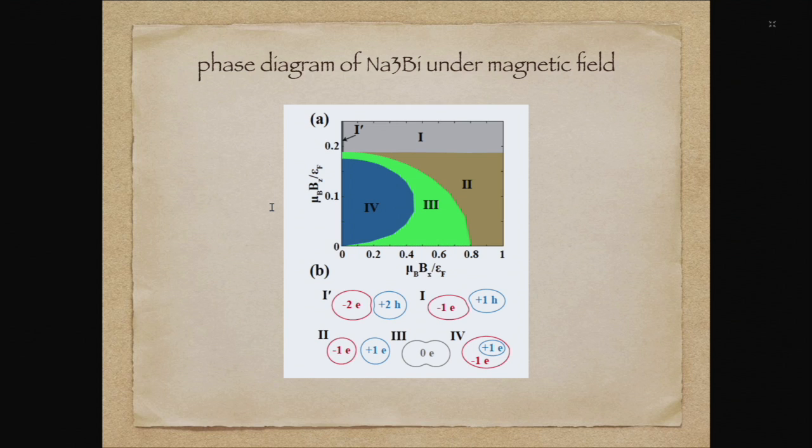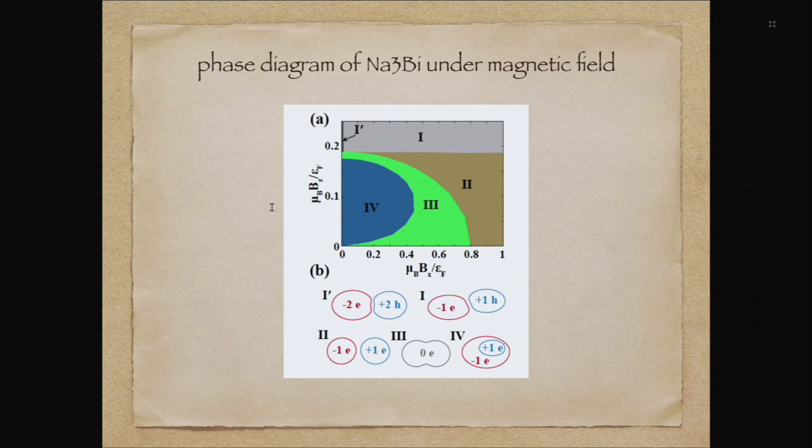By changing the strength of Bx and Bz, we are actually changing the field direction. By changing these two parameters, you will get a very rich phase diagram for this Dirac semi-metal system.